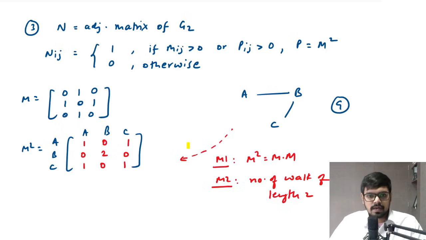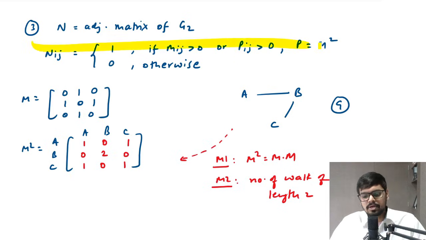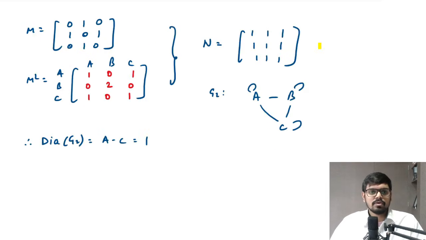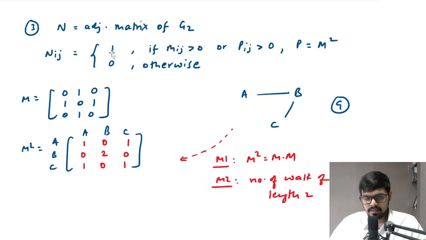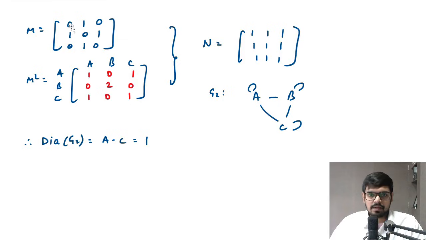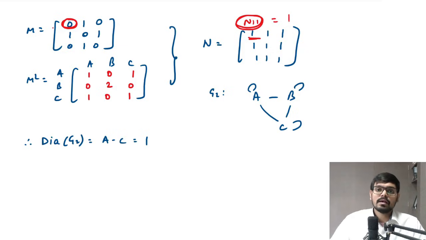Once your M and M square matrices are ready, now use the definition and try to fill your N matrix. Your N matrix will look like all of them are 1. Why? Because if you want to fill the first position, N11, it is 1 if either M11 is greater than 0 or M square is greater than 0.